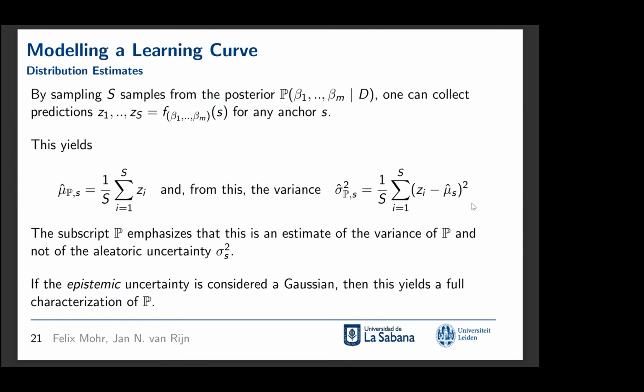Well, that can be useful if you make, for example, the assumption that P is a Gaussian. Because if P is a Gaussian, then you only need the mean and the variance to describe it, right? So this is what is typically done. In fact, that's one of the approaches that is pursued here by Aaron and Frank in their Bayesian neural networks that Jan will also explain in a minute.